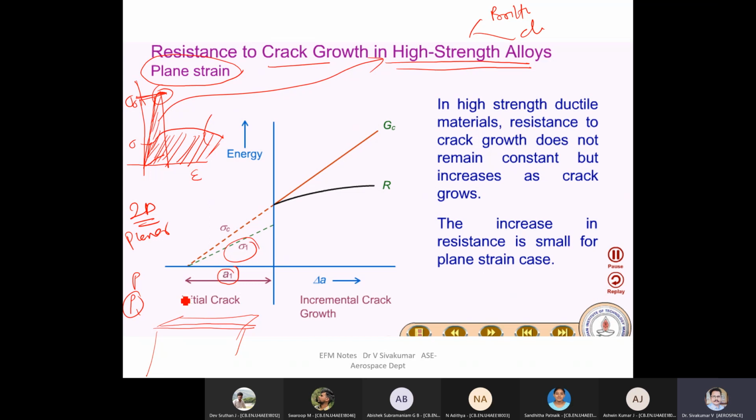That sigma 1 will not cause fracture, because that energy is less than my R. Then I have another load P2, and there will be some PC, a particular load that will cause sigma C, which equals my resistance. Then the onset of crack growth occurs, and my crack will start to grow by delta A.